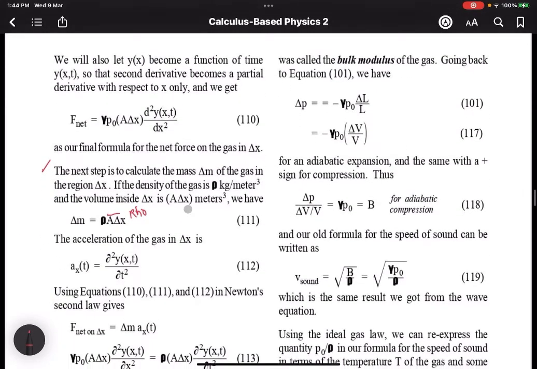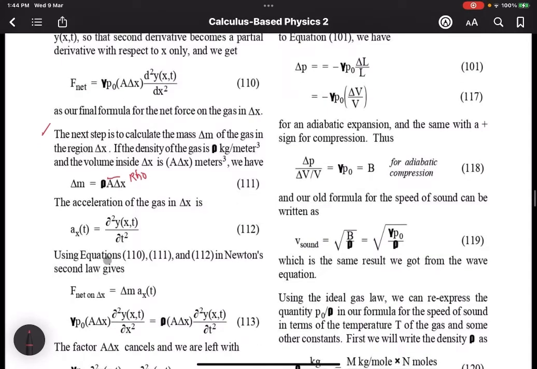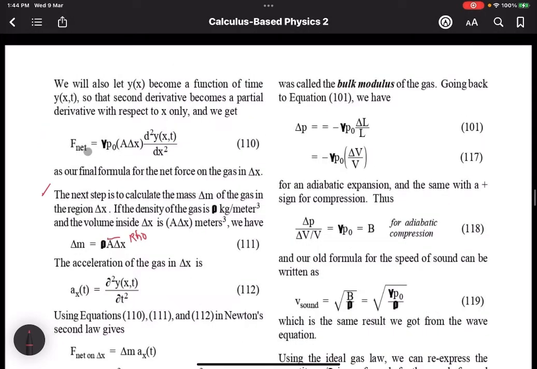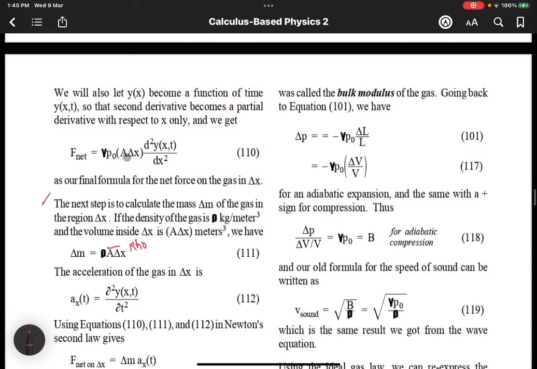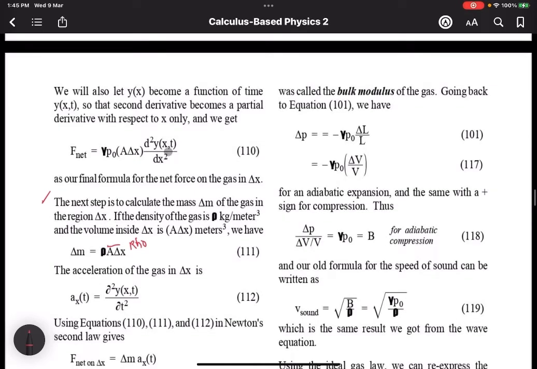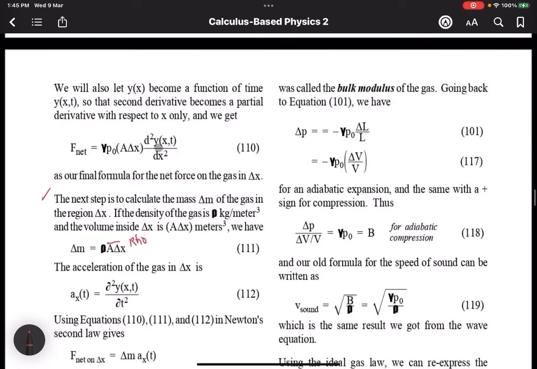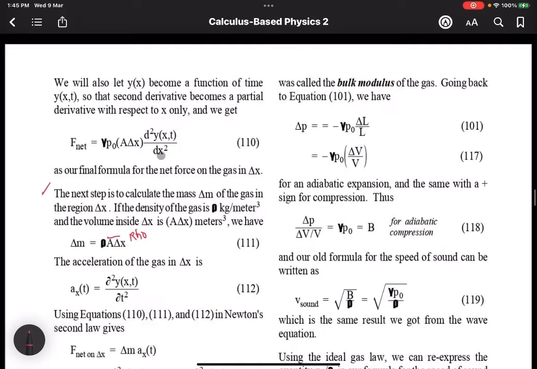Applying again Newton's second law. First, we have the net force of γ P0 times the area times the change in x times our derivative, where time is constant in relation to x or the location.